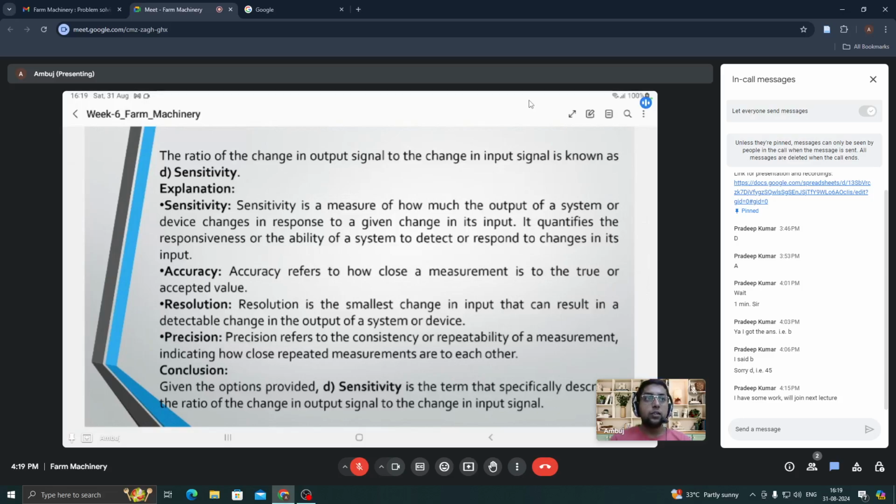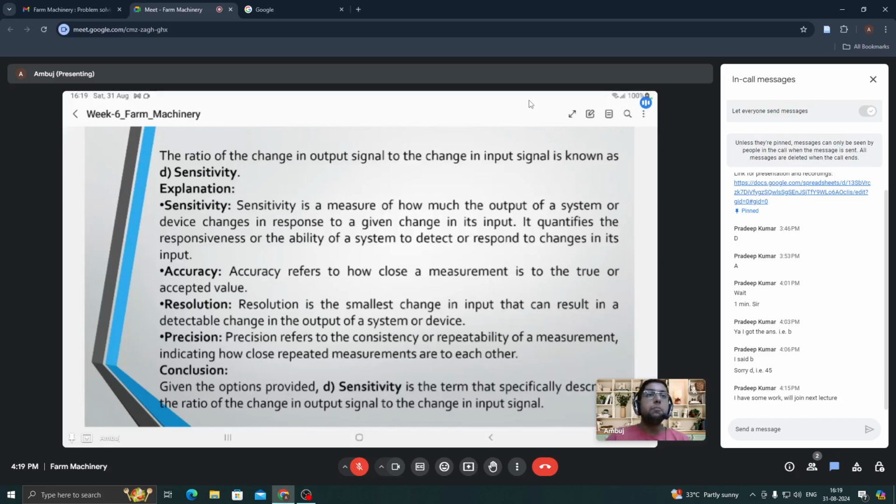The other options were accuracy, resolution, and precision. Accuracy refers to how close a measurement is to the true value or the accepted value, the minimization of the error. Resolution is the smallest change in the input that can result in a detectable change in the output of a system or device.